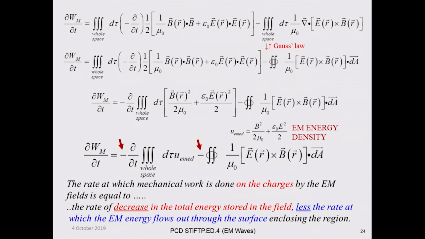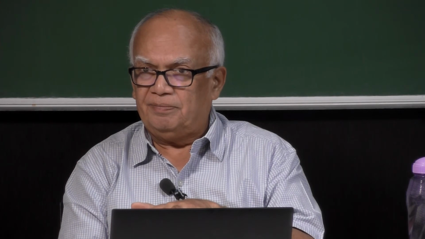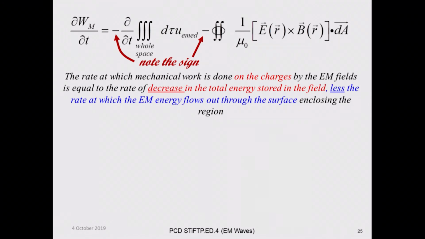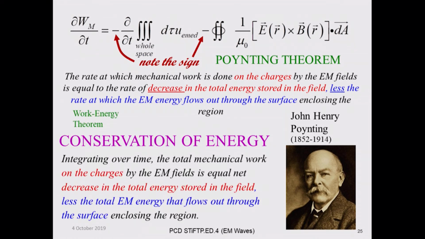So, whatever electromagnetic energy propagates and crosses this surface also is a part of that total depletion. Okay? And this is the rate at which mechanical work will be done. So, the signs are very important over here, and this is what is called the Poynting theorem after John Henry Poynting. This is a very interesting character.